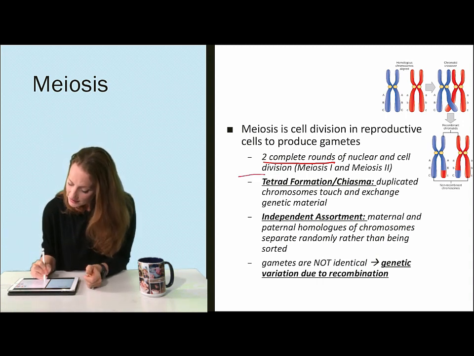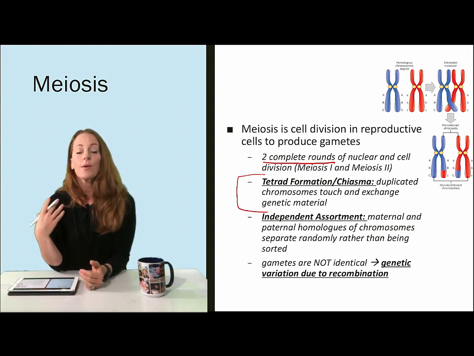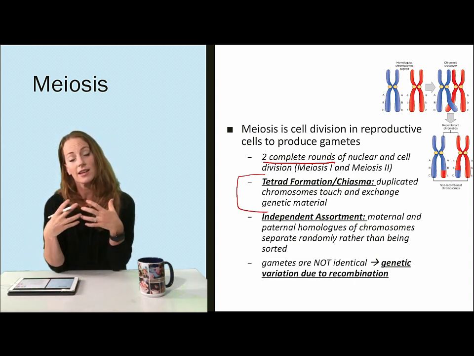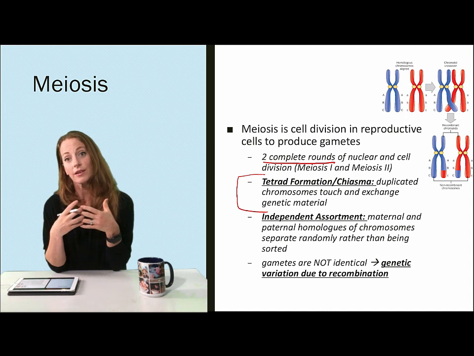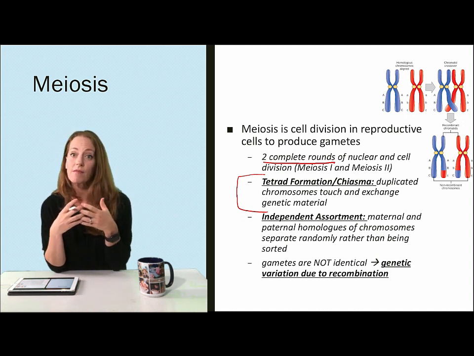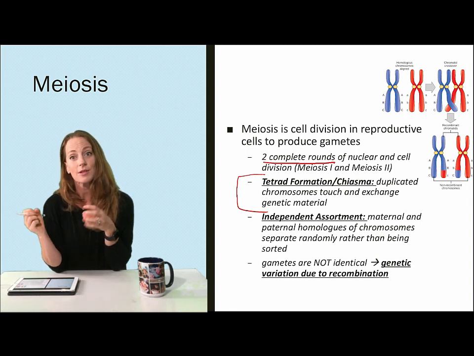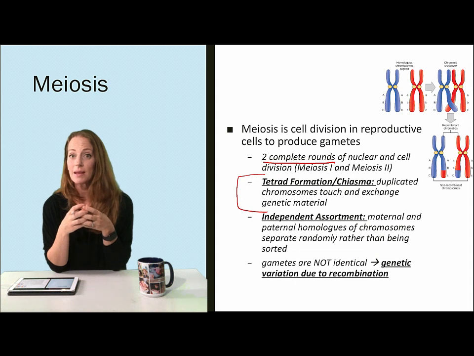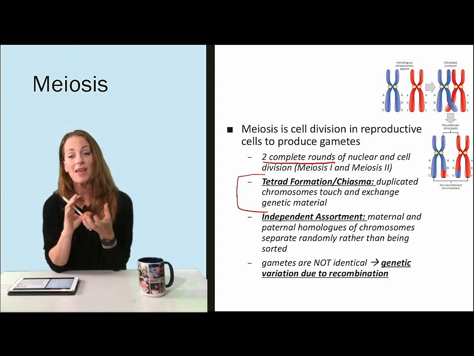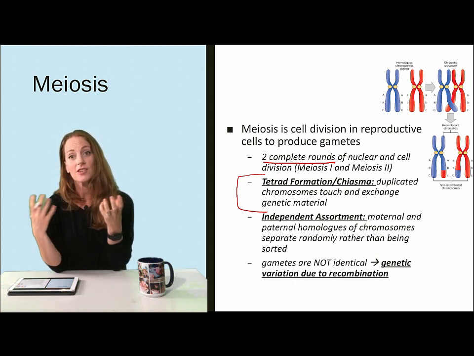Another important piece of meiosis is that the chromosomes actually touch and exchange genetic material. This is very important for allowing the mixing of genes. As those chromosomes are split apart, they have the opportunity to mix up genes so that you'll have a mixture in each set.